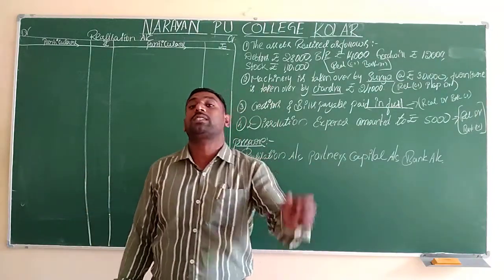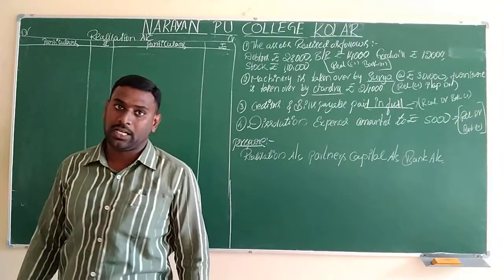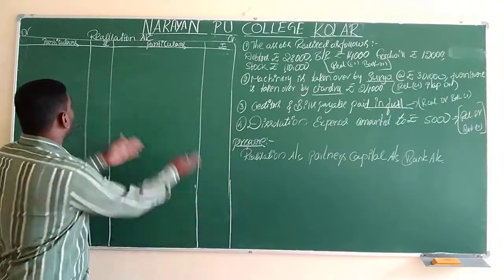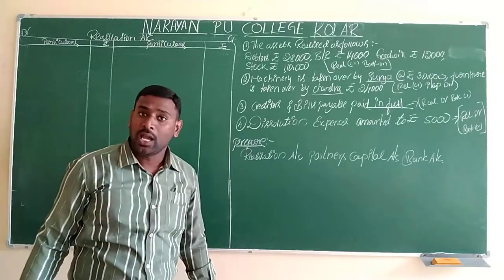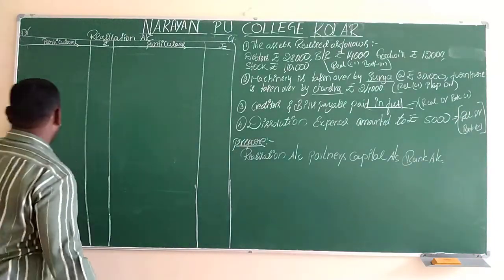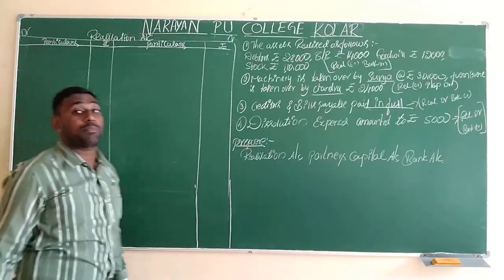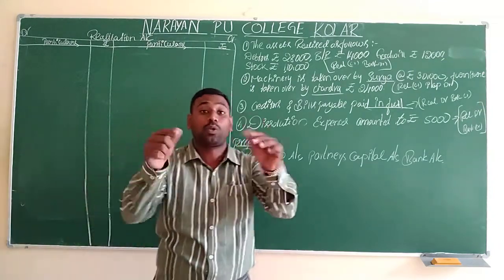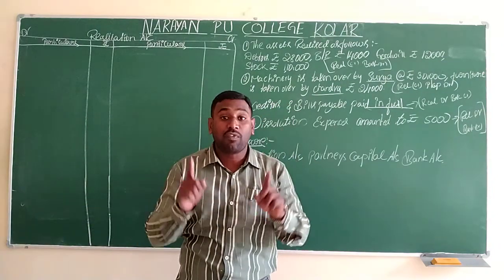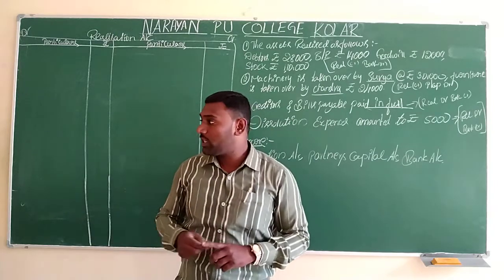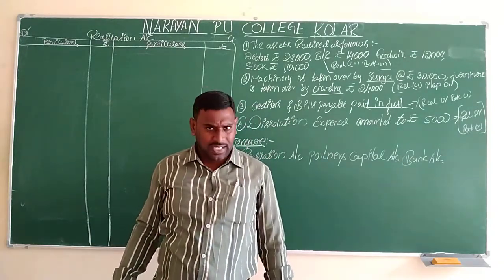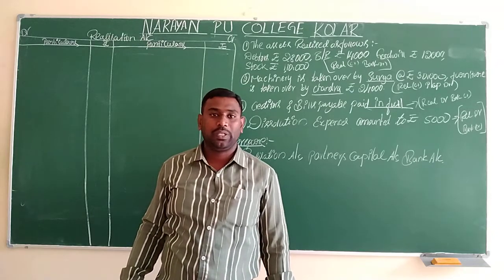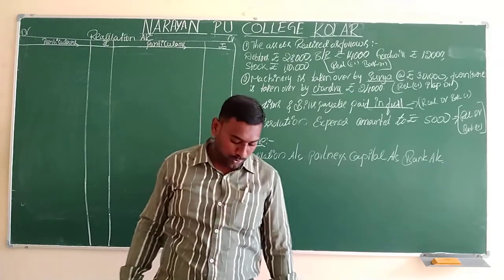The value which is available in the balance sheet, the same value of assets we should record in the debit side of our realization account only. No need to write the step numbers 1, 2, 3; that is just for your clarification. I will give the details about the steps later on. Directly move to the solution.